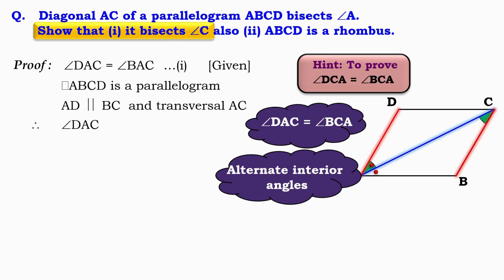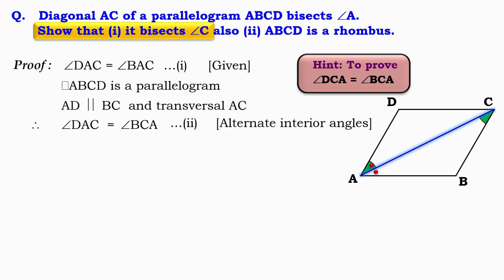So AD is parallel to BC and AC is the transversal, so angle DAC equals angle BCA. Whenever you write any angles equal, you need to write by which criteria we can say they are equal. So always mention in brackets that these are alternate interior angles.